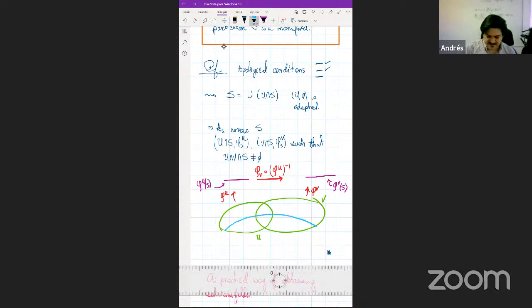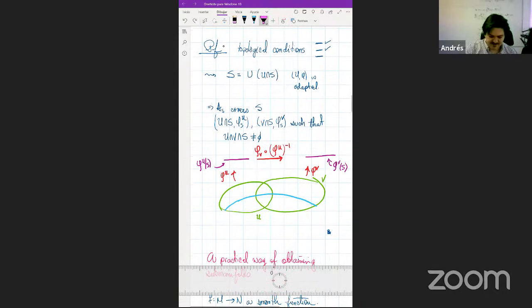You just have to write down what is this function. Well, let me tell you here then.